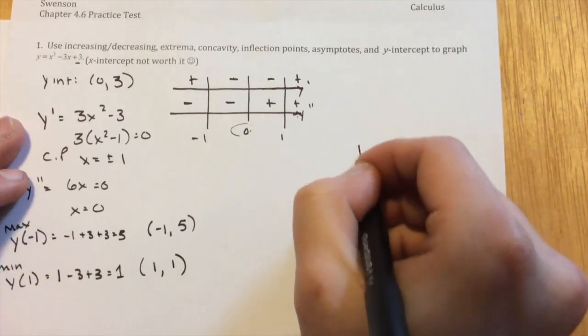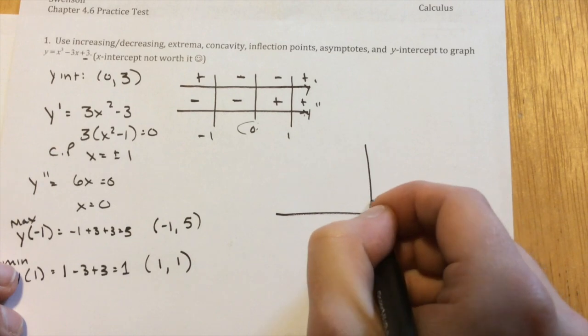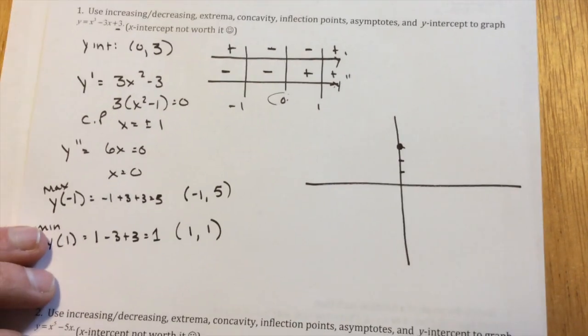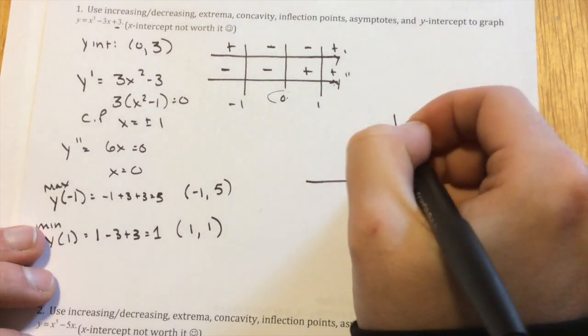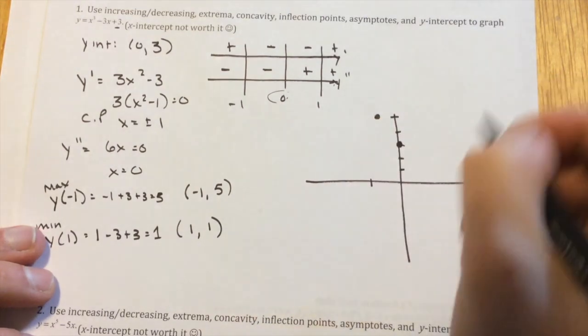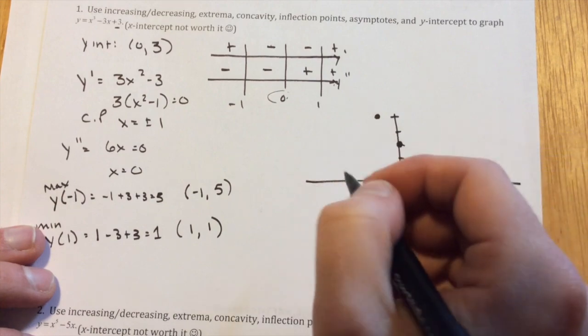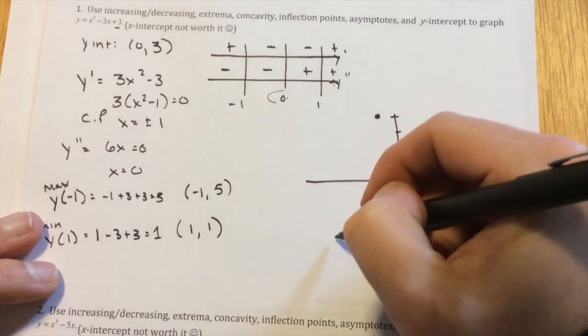So from here, I've got enough information to sketch this graph. So I go up 3. There's my y-intercept. I know my max is at (-1, 5). I know my min is at (1, 1). So my graph is increasing concave down.